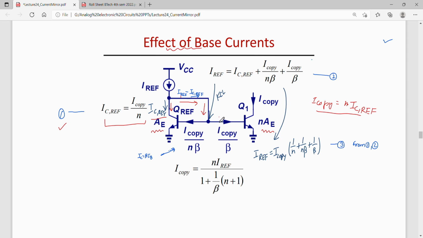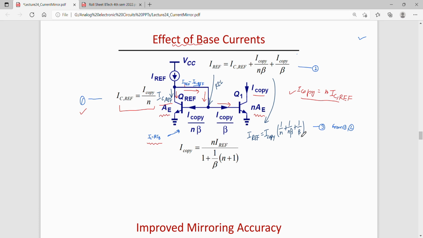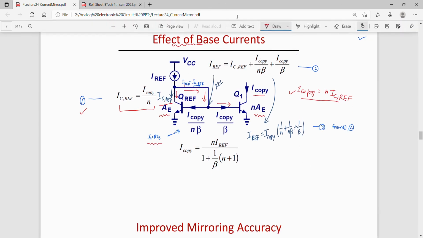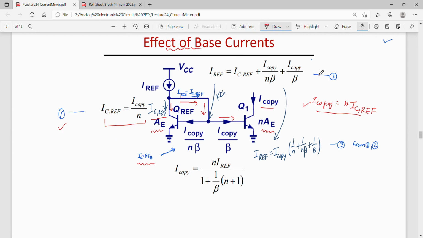Now the current going into the base of this transistor. Okay. So this can be written because now I know I copy. This current is known, so I can write the base current, okay, by using the relation IC is beta IB. Okay. So using IC is beta IB, that is I copy is beta times IB.